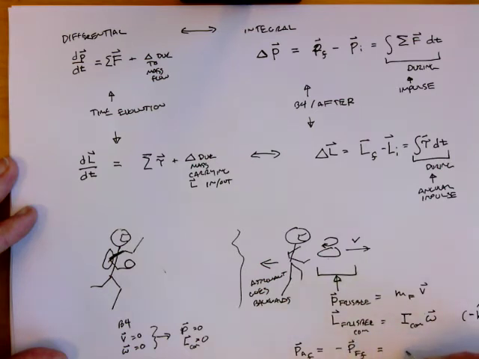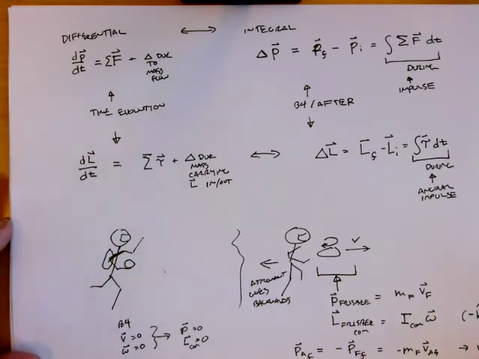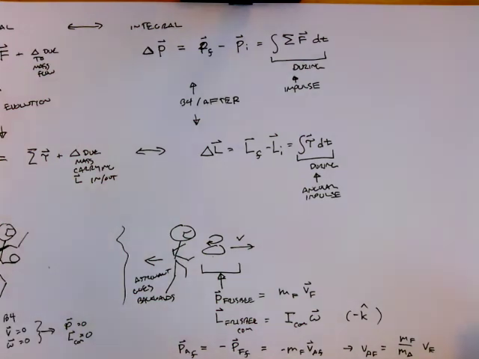So in other words, the momentum of the astronaut will be minus mass of the Frisbee times velocity of the Frisbee. Or in other words, the velocity of the astronaut final will be equal to the mass of the Frisbee over the mass of the astronaut times the velocity of the Frisbee with a negative sign.